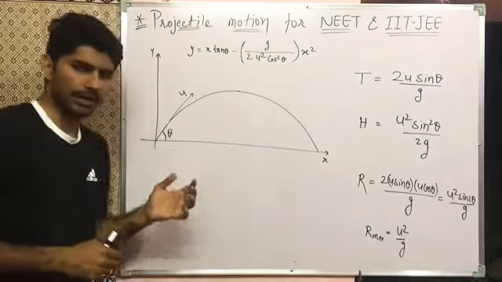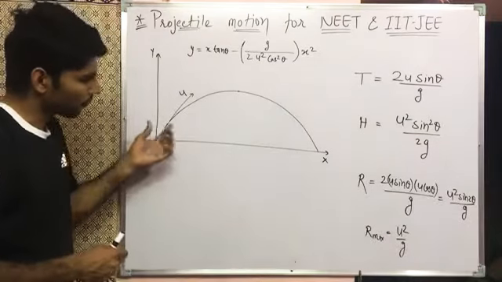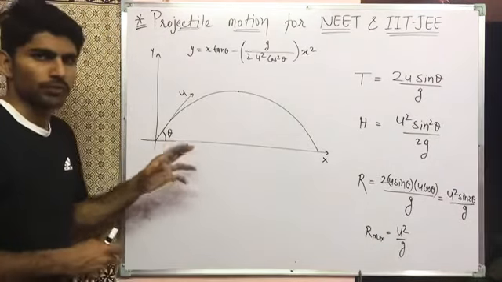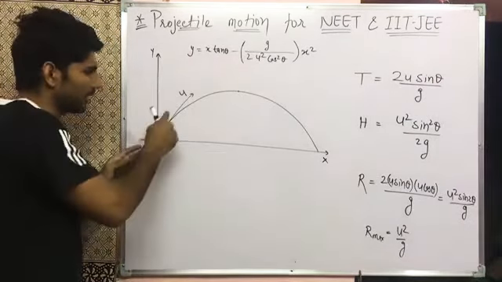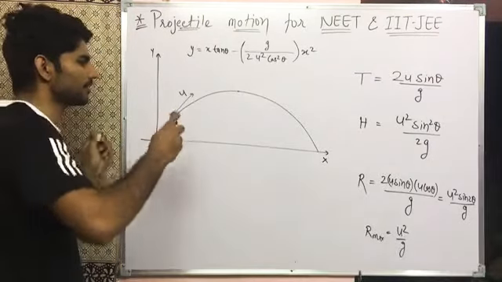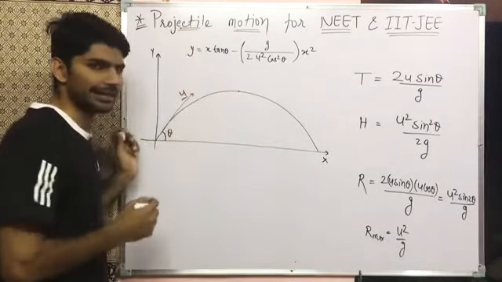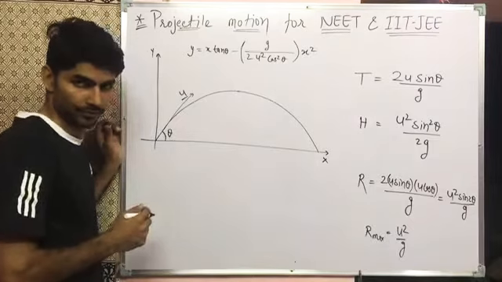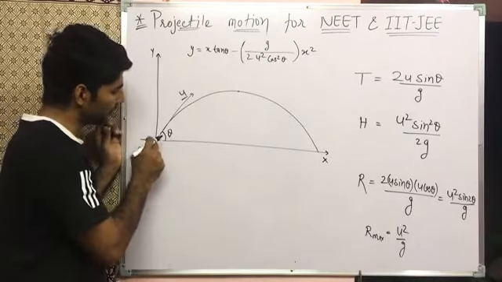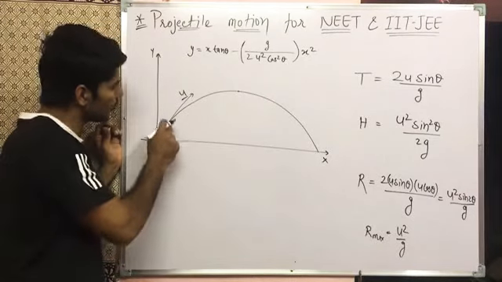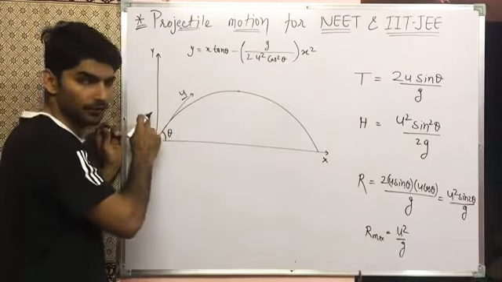For this motion we throw an object with an initial velocity that we consider u, at an angle theta from the horizontal. Then this velocity is neither in the horizontal nor in the vertical direction.